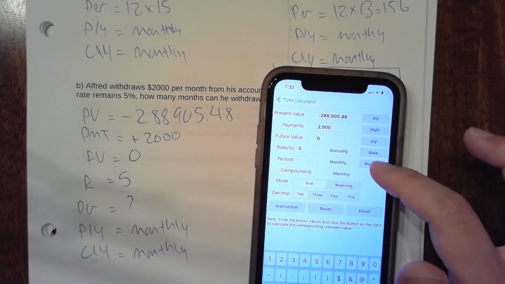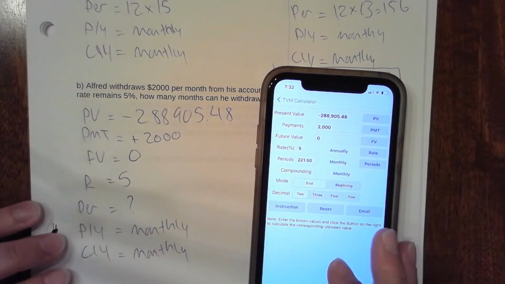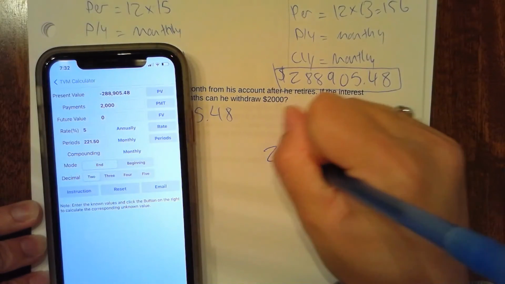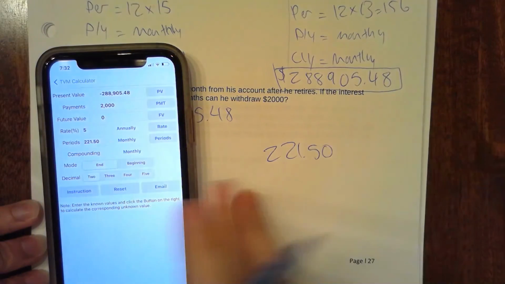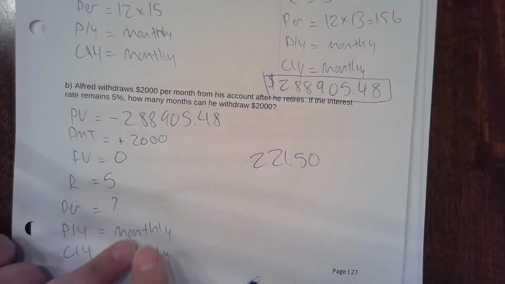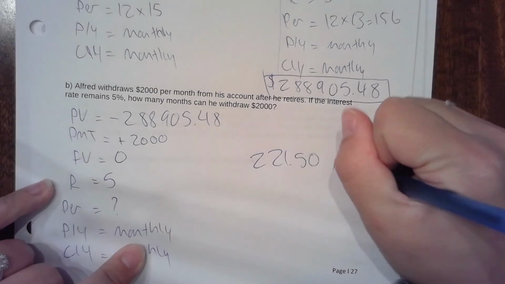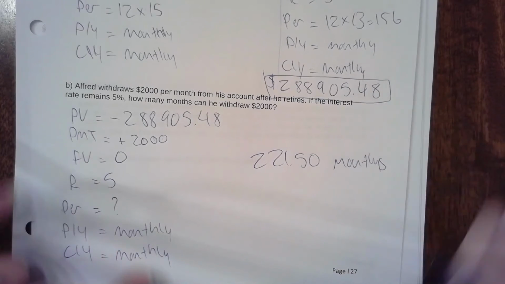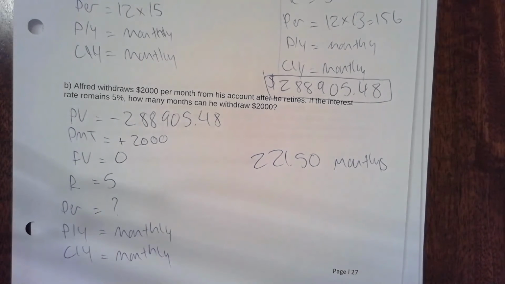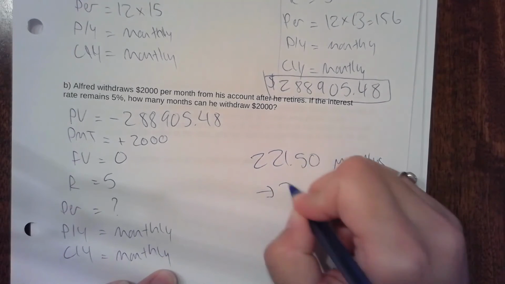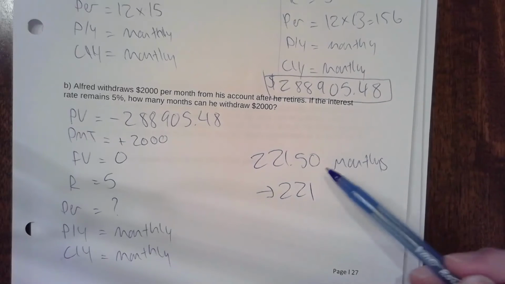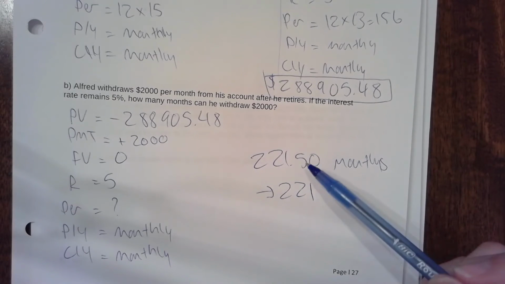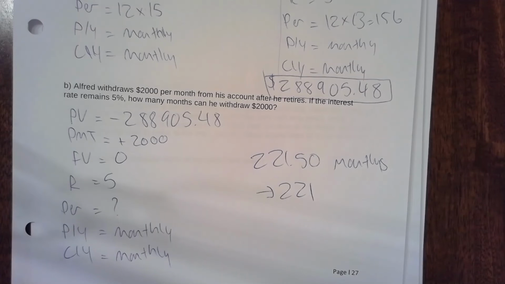Monthly, okay. And periods, let's see. Now that is months, which is great because that's what I wanted. So really, I'm going to say 221 because the last month he won't be able to get a full $2,000 out of it, right?